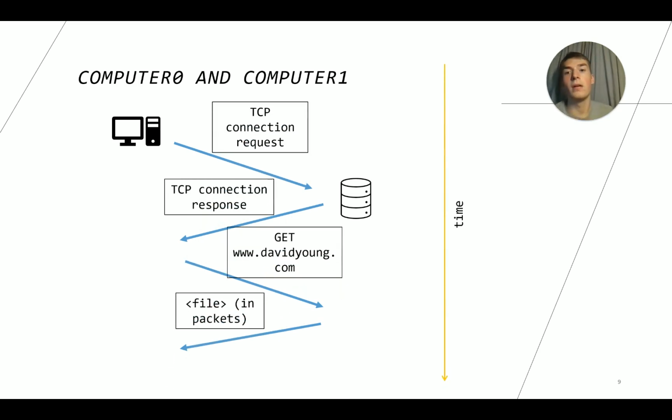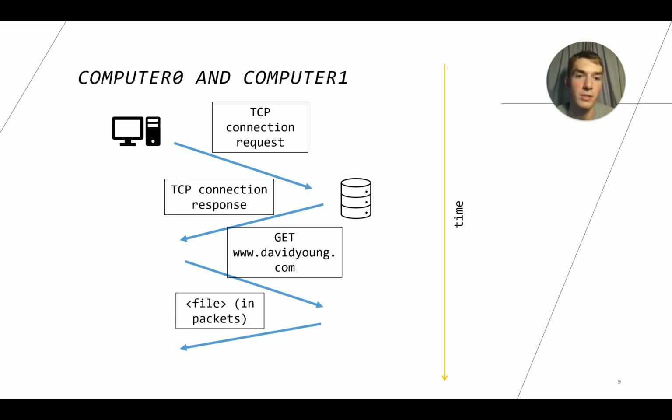But one interaction might be computer 0 sending a TCP connection request to computer 1. And computer 1 is going to respond to that TCP connection request with a response because it knows what the TCP connection request means, and it's going to oblige computer 0. And computer 0 is going to respond with what it wants from computer 1, which is to get a website called davidyoung.com.